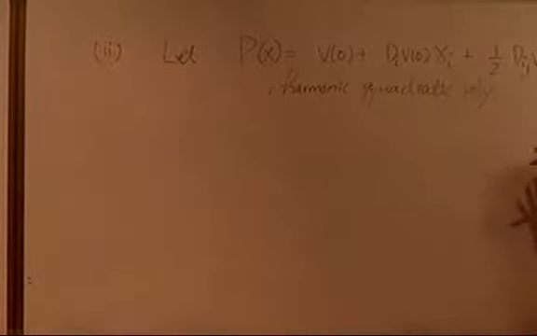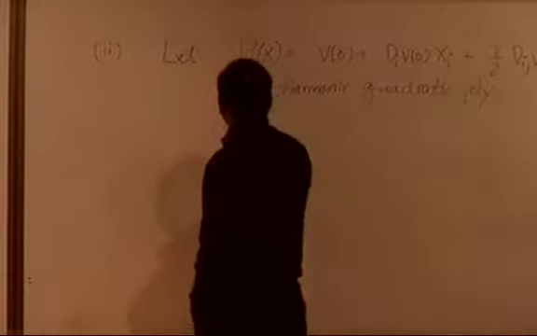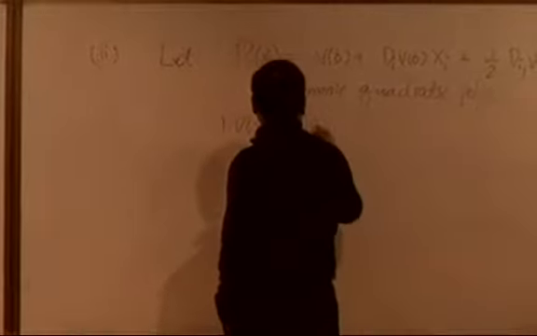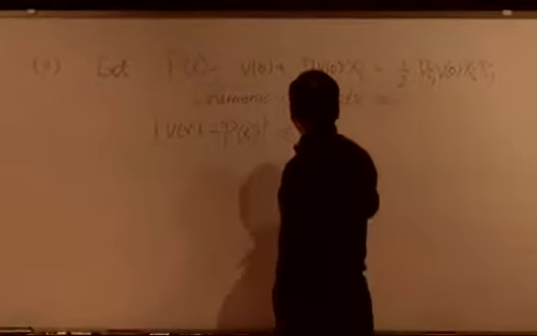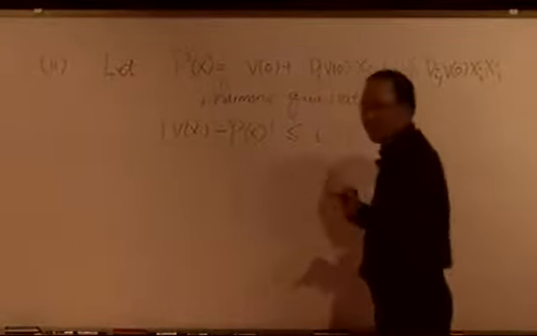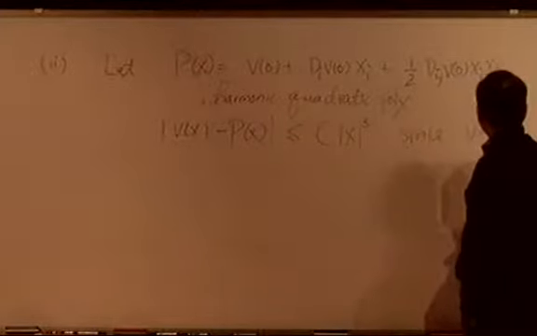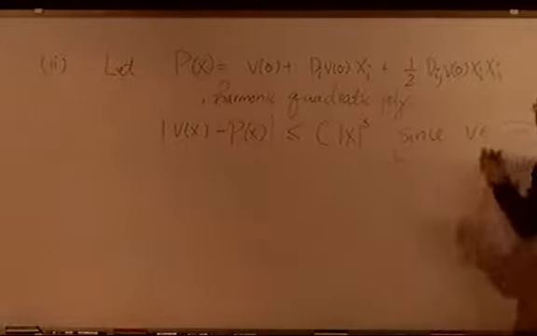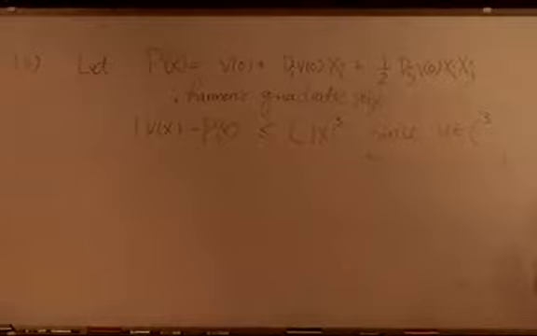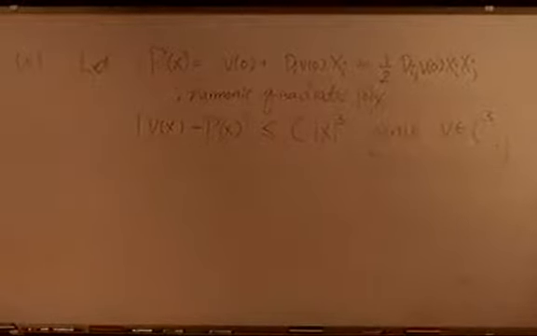And why is it possible? Because my solution has regularity. v is a harmonic function, so it is C infinity. That's why I'm able to write it in this form. And also, we know |v of x minus p of x| is smaller than a constant times |x| cubed, since v is C3. At this step, we use the regularity theory of the Laplace equation.